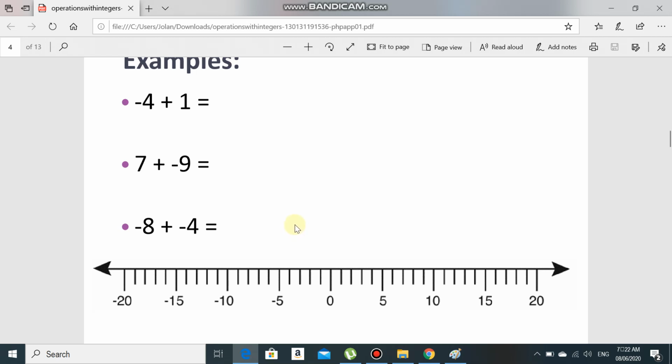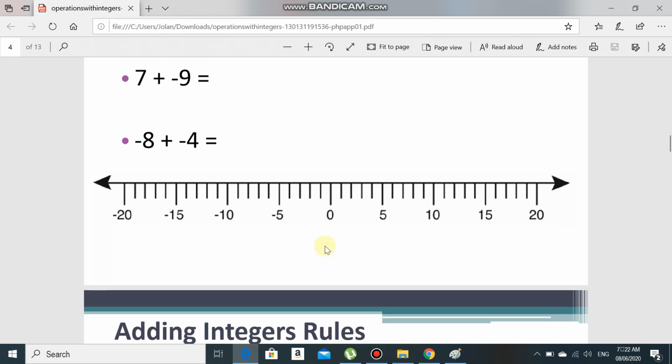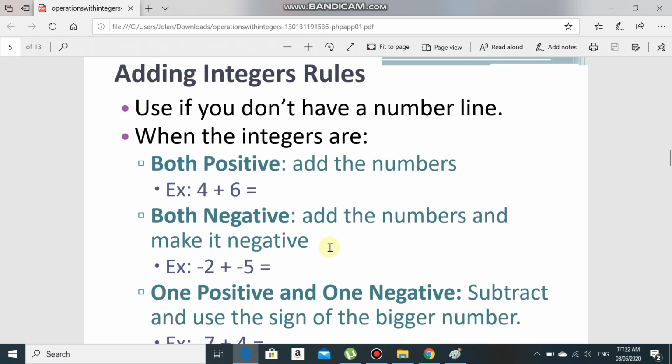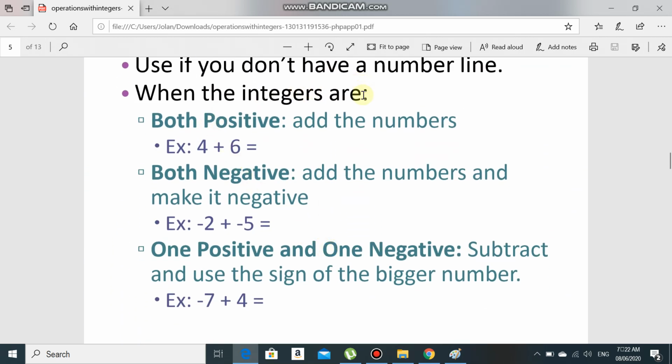There is another way to add integers without the use of the number line. We just need to follow these rules. When integers are both positive, add the numbers. For example, 4 plus 6: both numbers are positive, so we just add them, and 4 plus 6 gives us 10.